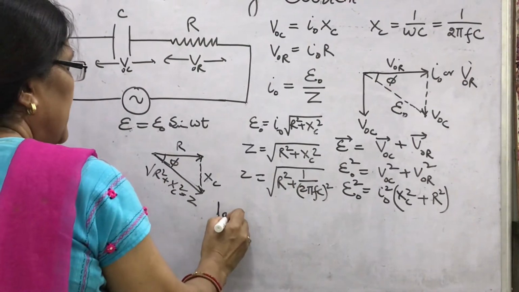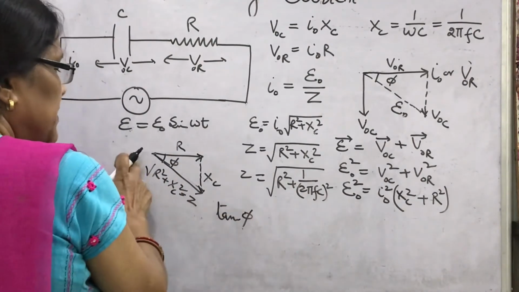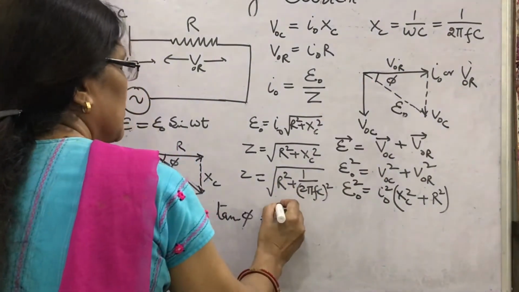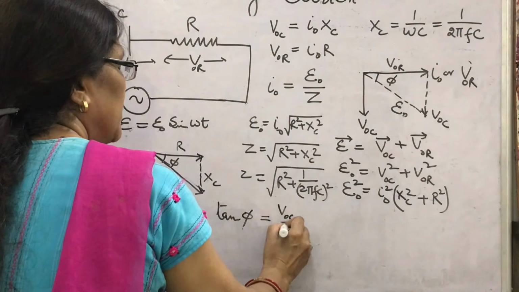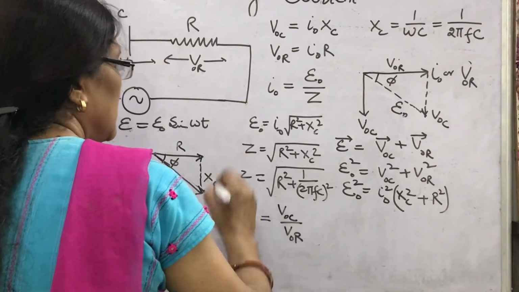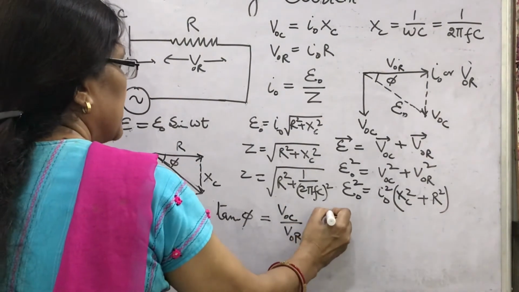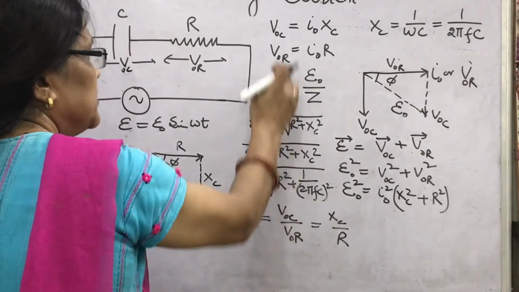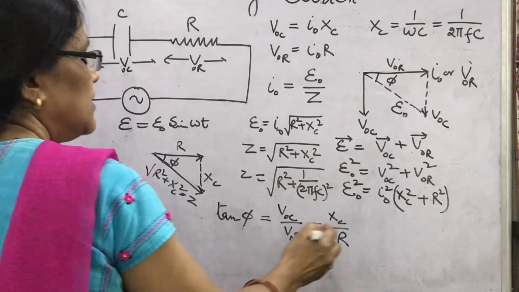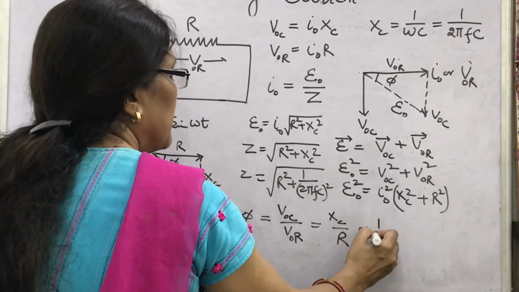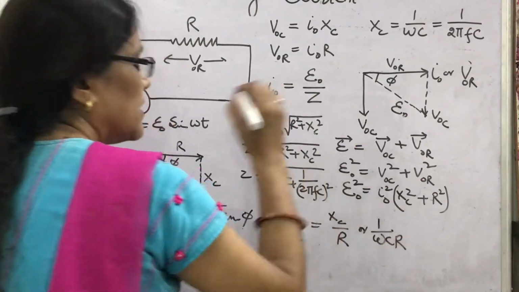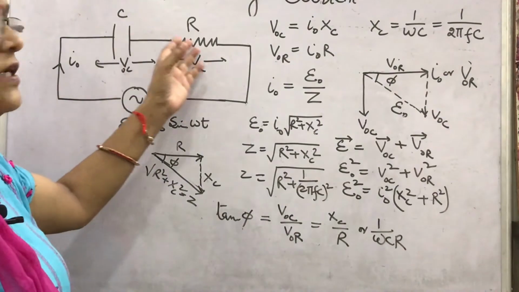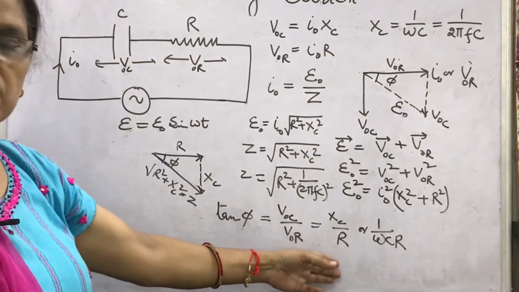So tan phi can be given from the relation V naught C upon V naught R, which gives XC upon R, or you can write 1 upon omega C R. So this is the phase angle in a series CR circuit.